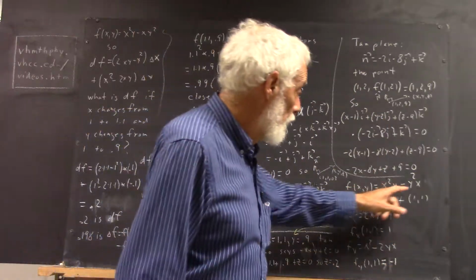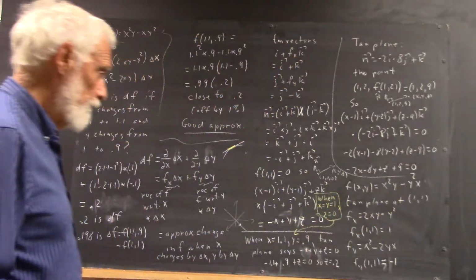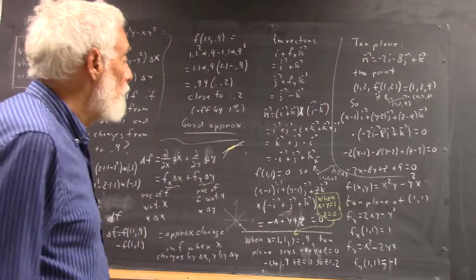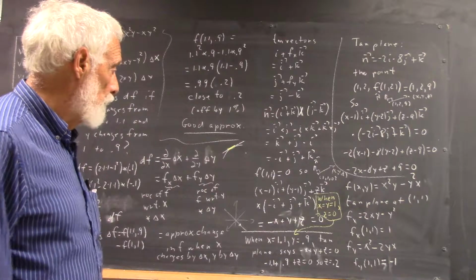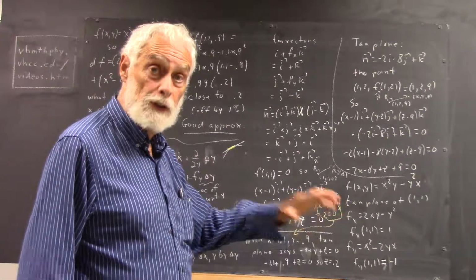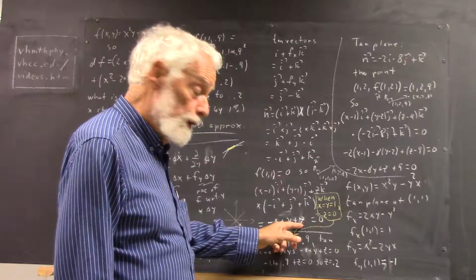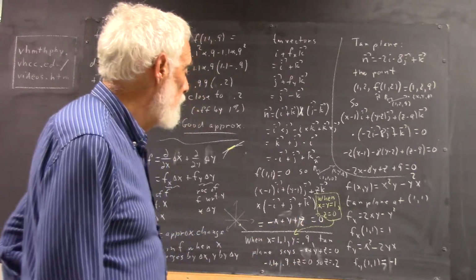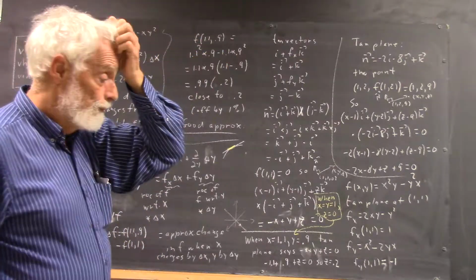Now this isn't a paraboloid, this is a more complicated curve. And we could sketch it, we could do contour lines and all kinds of stuff, and you know how to do all that, so you can. But whatever this shape is, at the point (1, 1, 0), which is on the graph of this function, the tangent plane is this, and the value we get on the tangent plane should be close to the value we get when we evaluate the function.